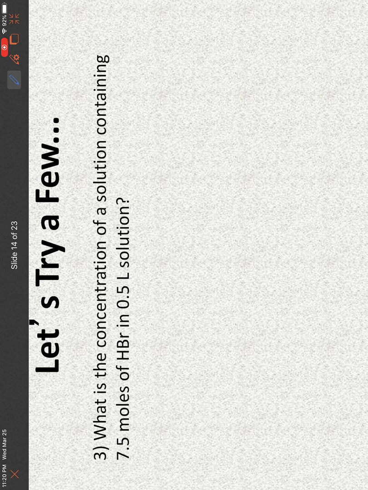What is the concentration of a solution containing 7.5 moles of hydrogen bromide in a 0.5 liter solution? Alrighty, so they're asking again, what is the concentration? So we're going to go to table T. We're going to look for the box that says concentration.